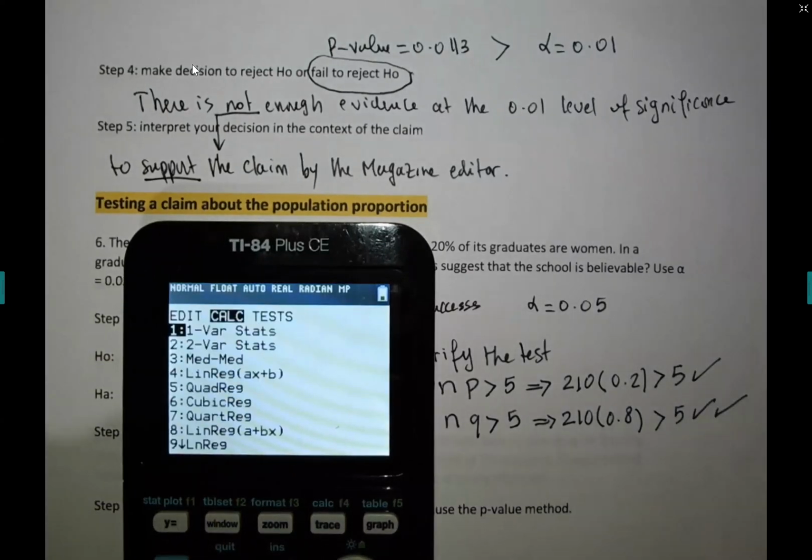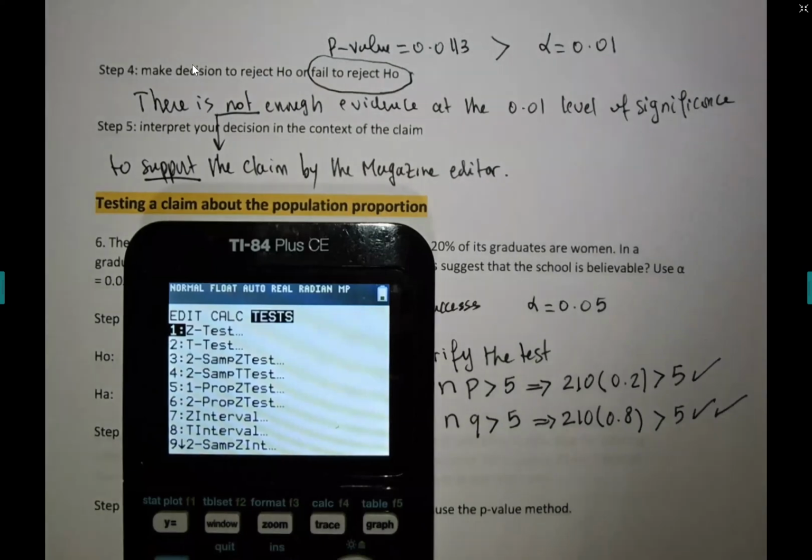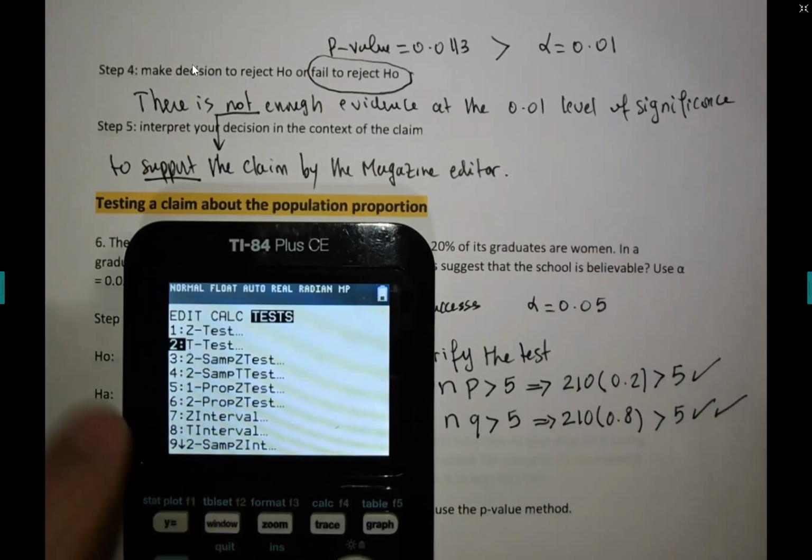Stat. Number 1 is reserved for the mean when sigma is known. Number 2 is reserved to test the mean when sigma is not known. So in this chapter 7, there are 3 tests: number 1, number 2, and number 5. There you go.